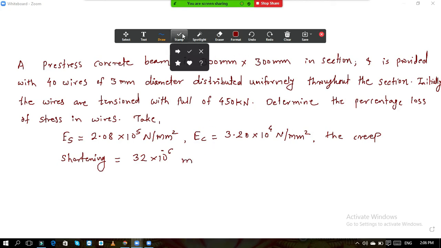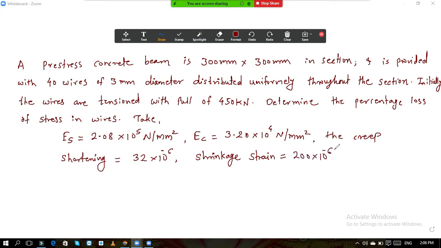Okay, 32 into 10 to the power minus 6. Next is the total shrinkage strain. So shrinkage strain is given to you, ECS value. It is 200 into 10 to the power minus 6.